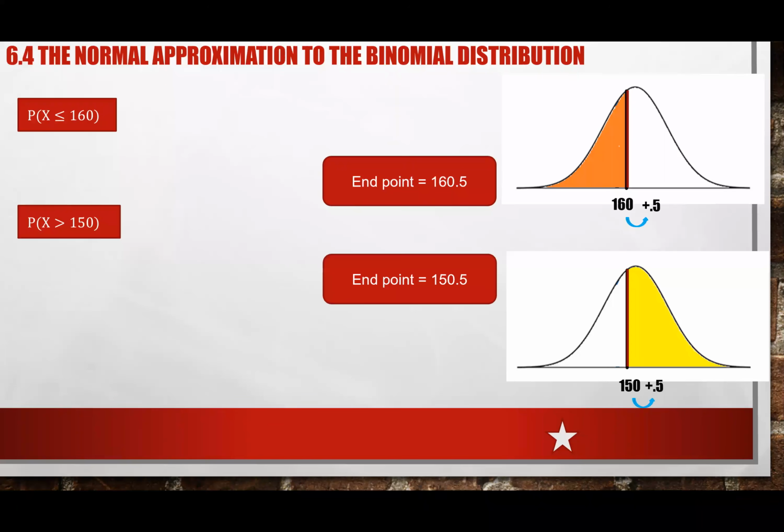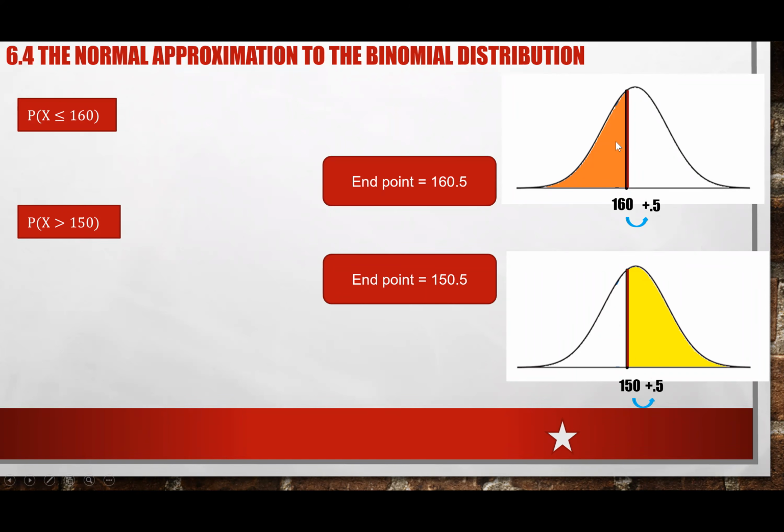That's why it's very important to know your shaded region. What area are we shading? Do we shade it to the left or do we shade it to the right? Okay, so everybody see why in both of them we add? I asked you a different question in each, but the result is still that you add 0.5, right?